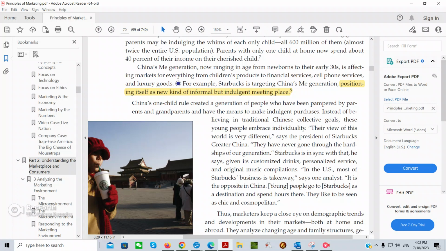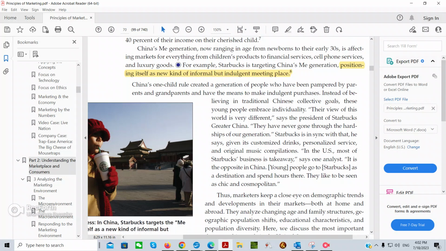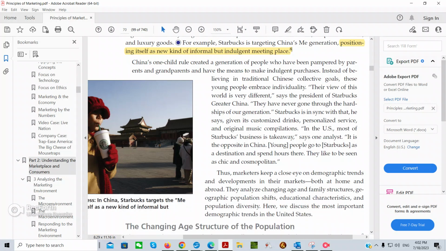In the US, most of Starbucks' business is takeaway, says one analyst. It is the opposite in China, meaning young people go to Starbucks as a destination to spend hours there. They like to be seen as chic and cosmopolitan. These marketers keep a close eye on demographic trends and developments in their markets, both at home and abroad.